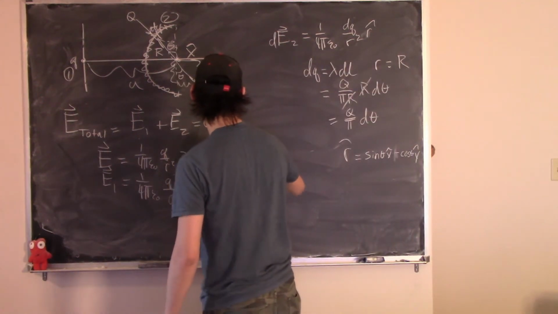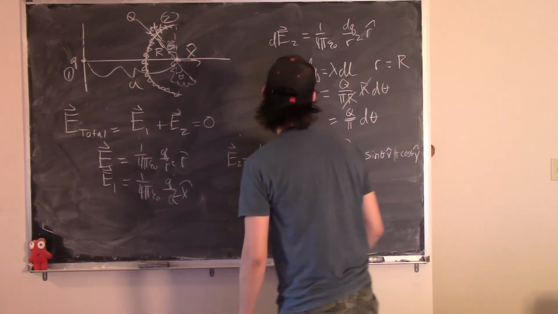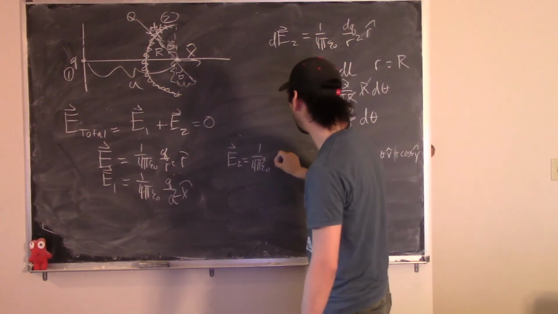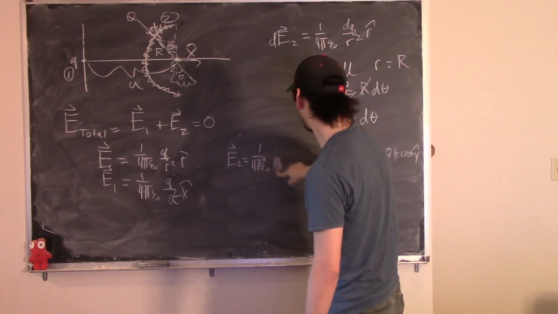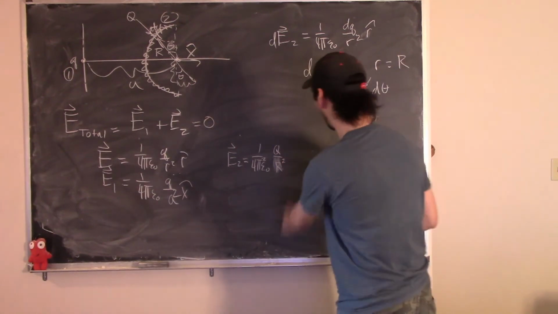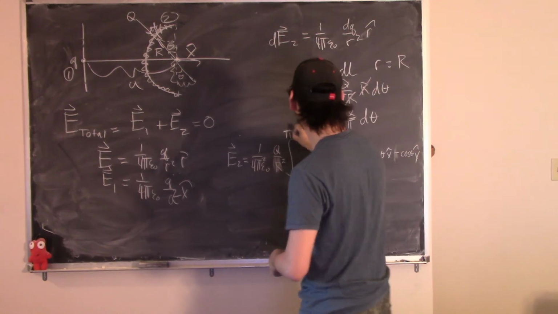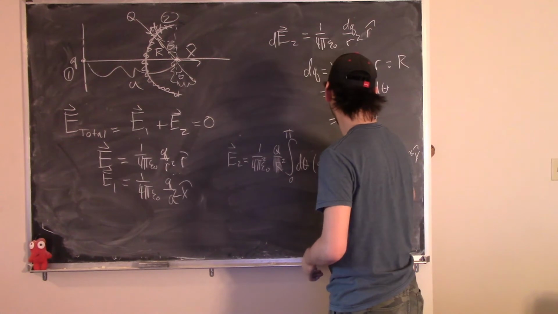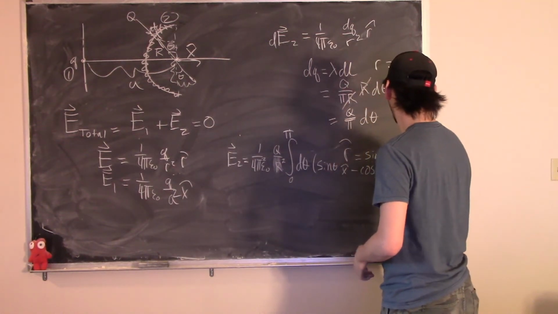And so E vector 2 is going to be equal to 1 over 4 pi epsilon naught times q divided by pi. That gives me a pi squared and a q out front, q divided by r squared. Okay, so this is going to be the integral from 0 to pi of d theta times sine of theta x hat minus cosine of theta y hat.